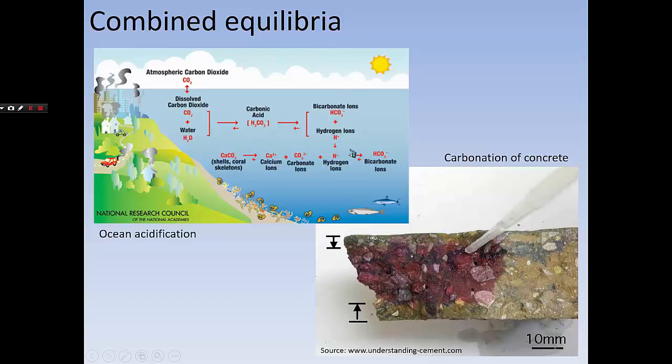Compared with the time before Industrial Revolution, the hydrogen ion concentration has increased around 30% in the world's oceans. Other chemical reactions are triggered by this and result in a net decrease in the amount of carbonate ion available.